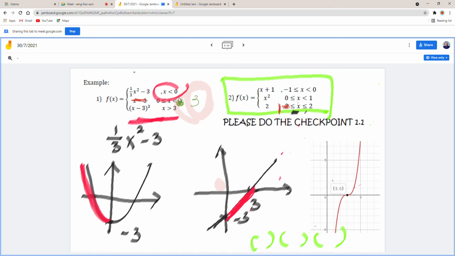Here was a different number, but it has to be 3. She accidentally put 1 and then changed it to 3. So 0 to 3 means 0 is here and 3 is here. So for the graph, you can only take this region. Get it?